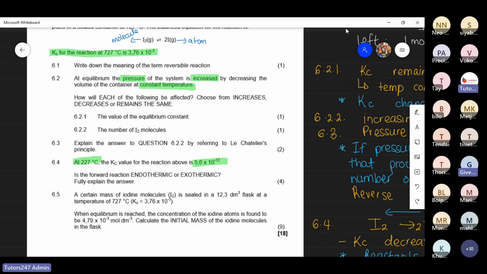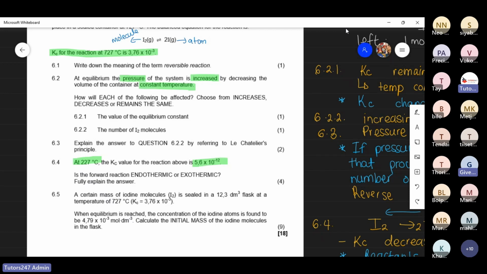So let us continue. Now, we need to figure out whether the forward reaction is exothermic or endothermic, okay? Let's start with temperature, since that's already given to us. We know that there was a decrease in temperature, right? We know that whenever there is a decrease in temperature, we are going to favor the exothermic reaction.